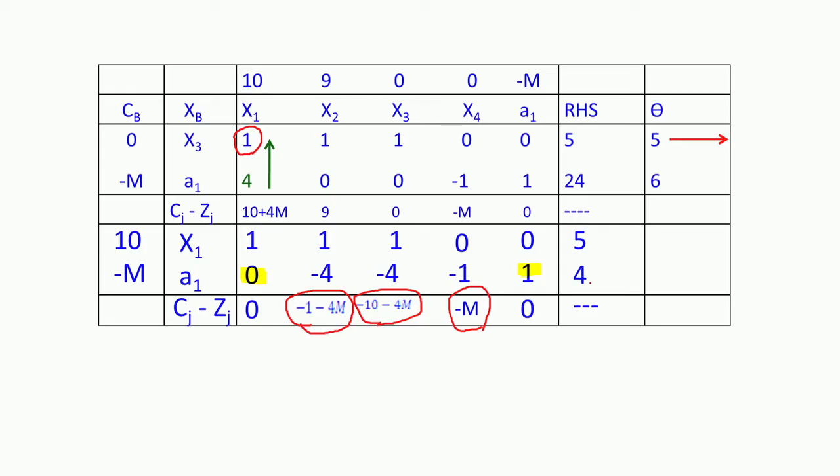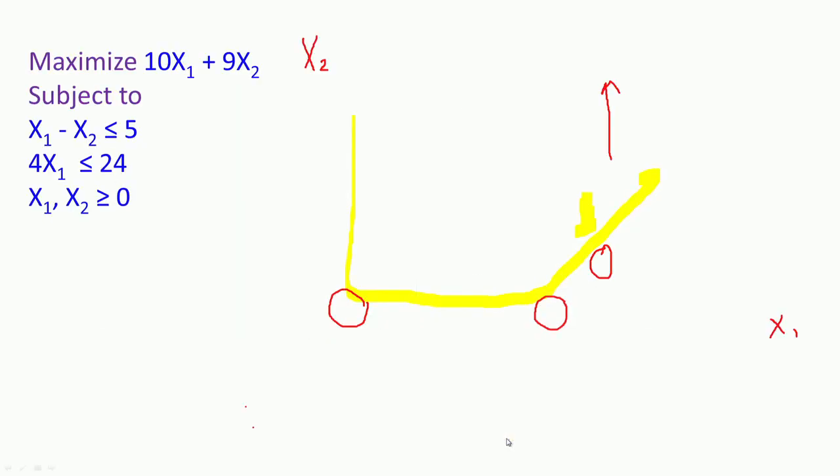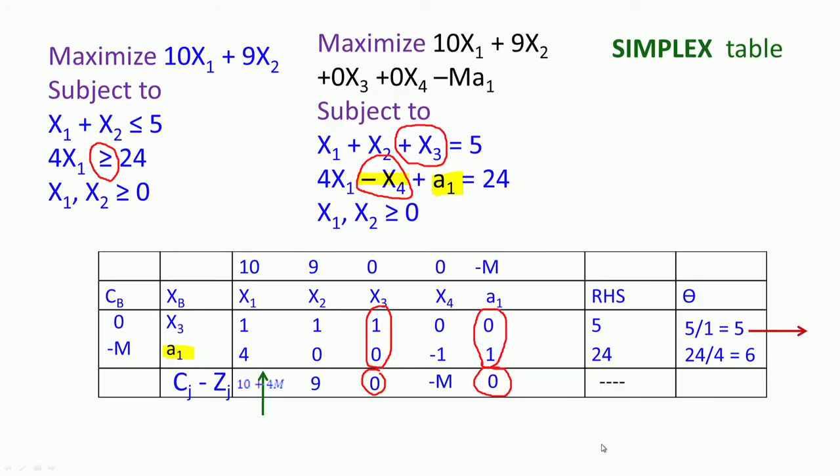But when we started with the simplex algorithm for this particular problem, we wrote the artificial variable here because this constraint had a greater than or equal to. We wrote an artificial variable here and this artificial variable came into the solution.